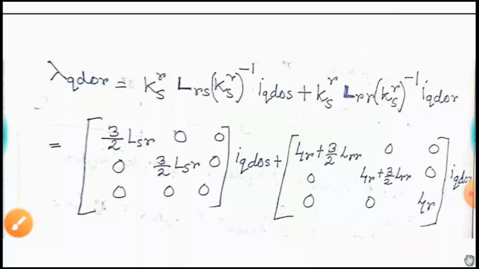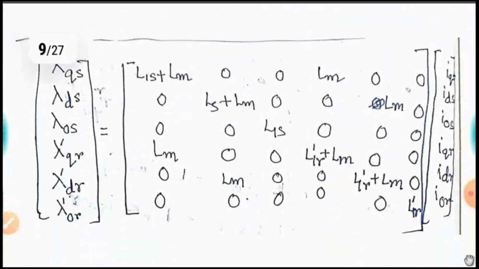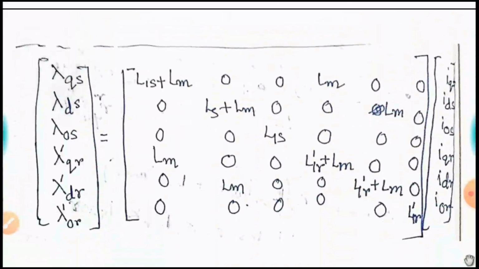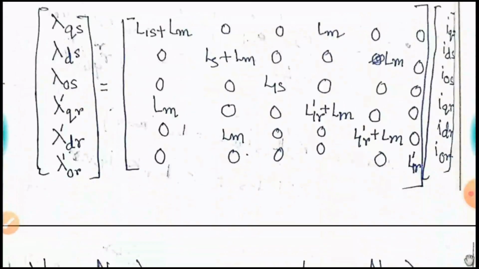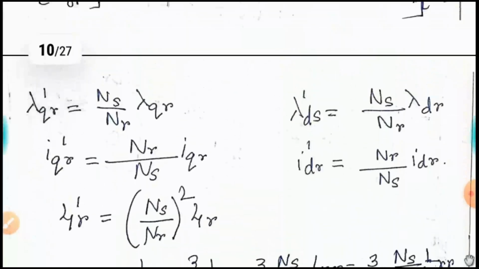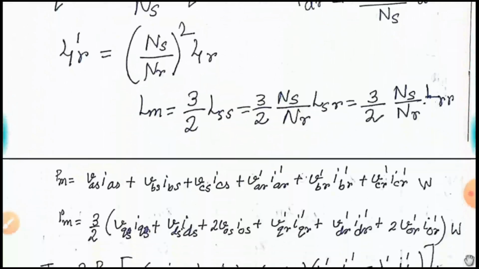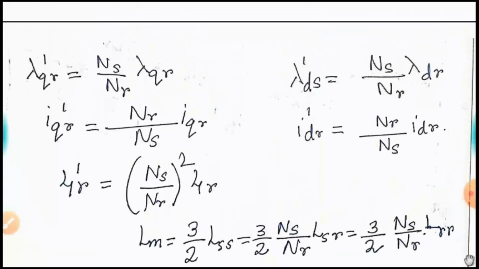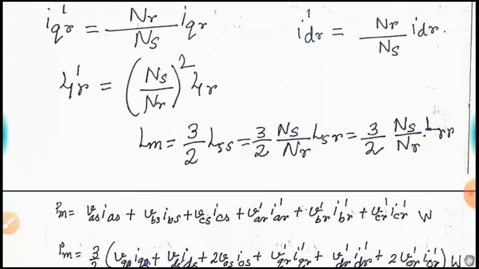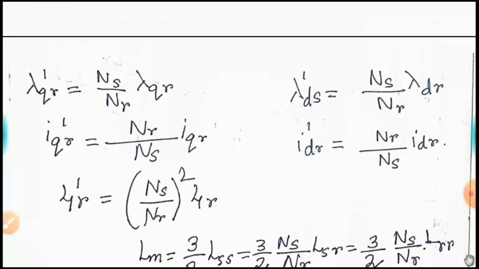So that is a very important observation. This is the total combined matrix here, and these lambda qr dash, lambda dr dash terms are just following the transformation formula. We can find out their values. They are just the rotor terms referred to our stator variable, or stator winding, right?